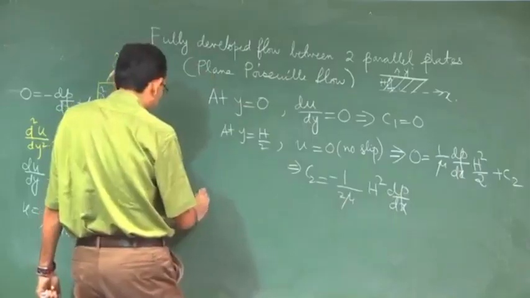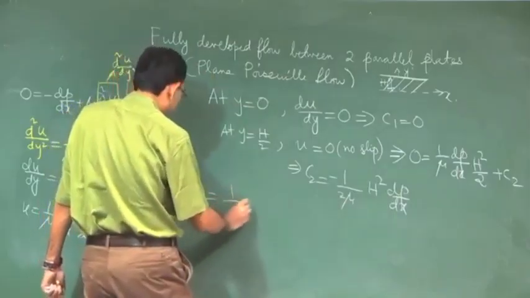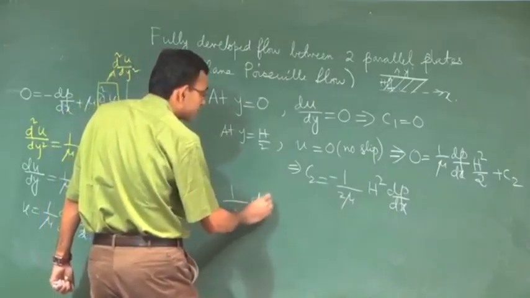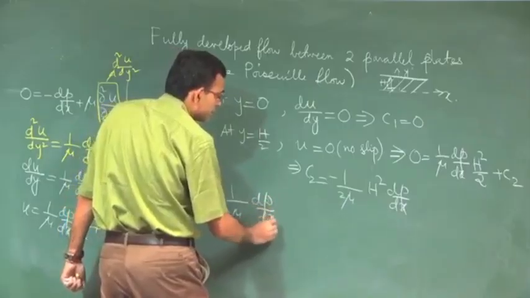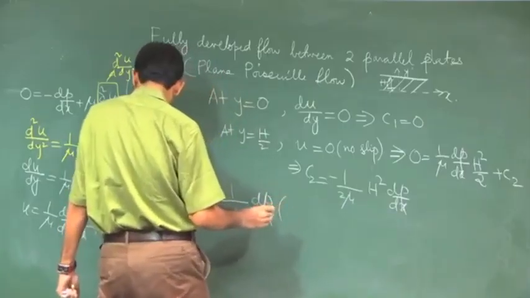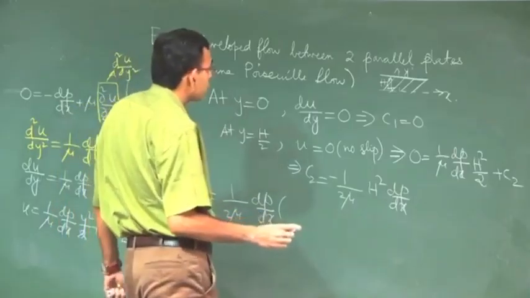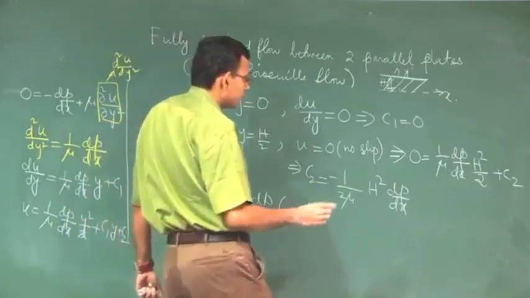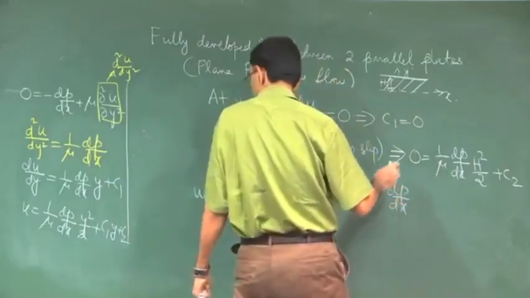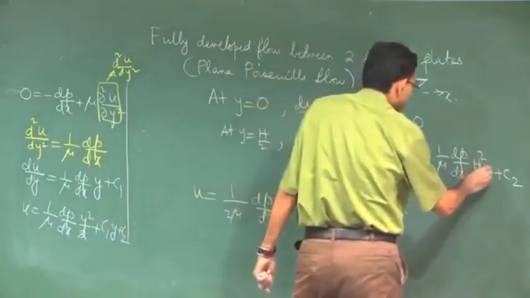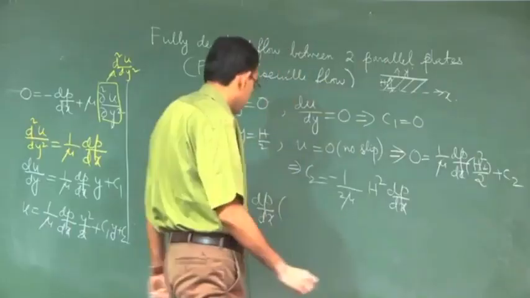So, u is equal to 1 by 2 mu dp dx, sorry, this is h by 2, this will be h by 2 whole square.